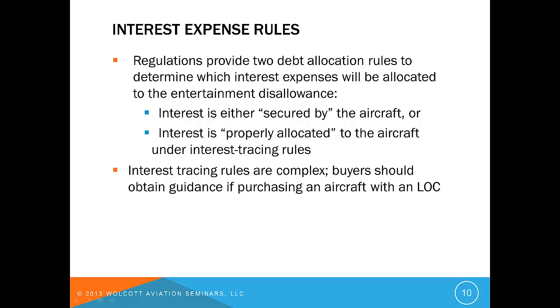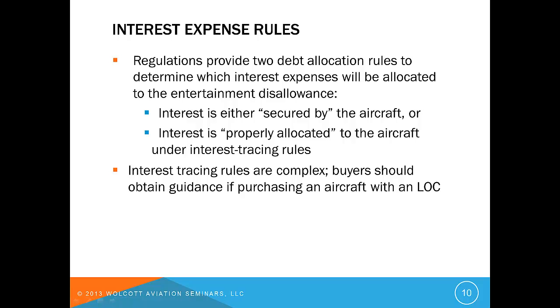Now, there are interest expense rules, and regulations provide two debt allocation methods to determine which interest expenses will be allocated to the entertainment disallowance. Interest is either secured by the aircraft or interest is properly allocated to the aircraft.